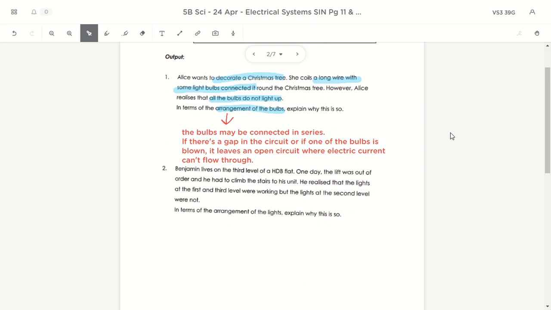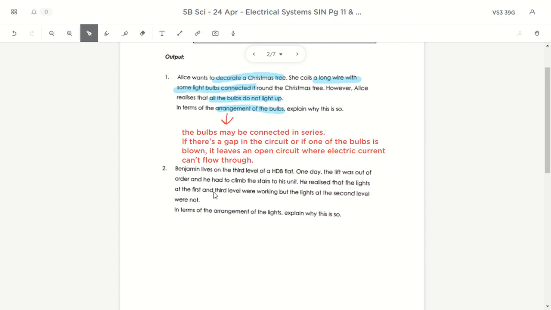Once there's a problem somewhere, maybe the bulb is blown, maybe something wrong with the wire, it's very hard to trace where it is, and then everything doesn't work, and you can't use it anymore. On the other hand, I have this boy that lives on the third level of a flat. One day the lift was out of order, so he had to climb the stairs.